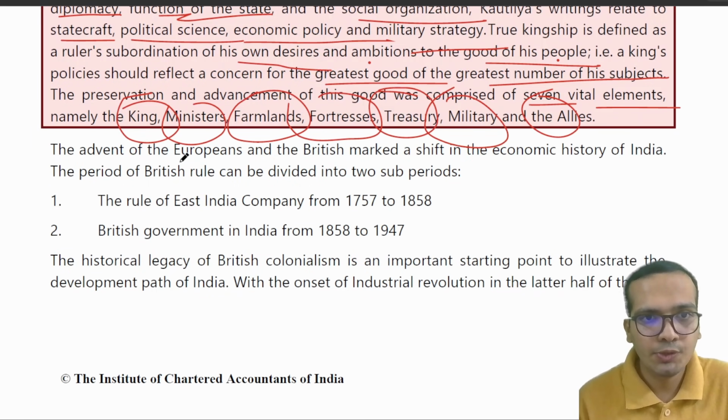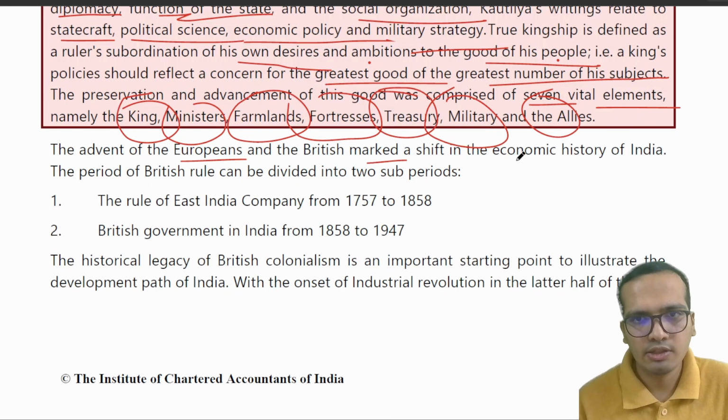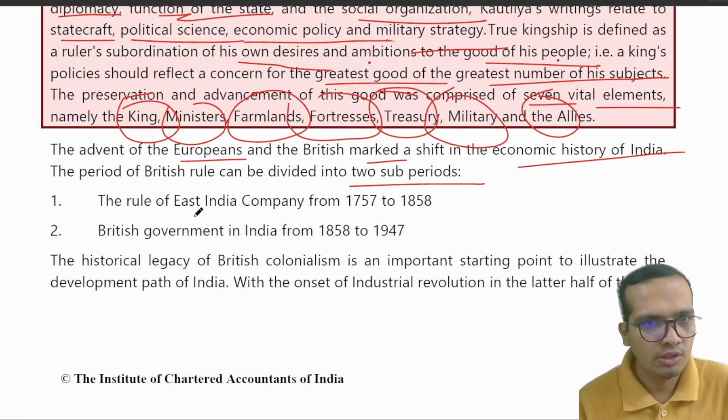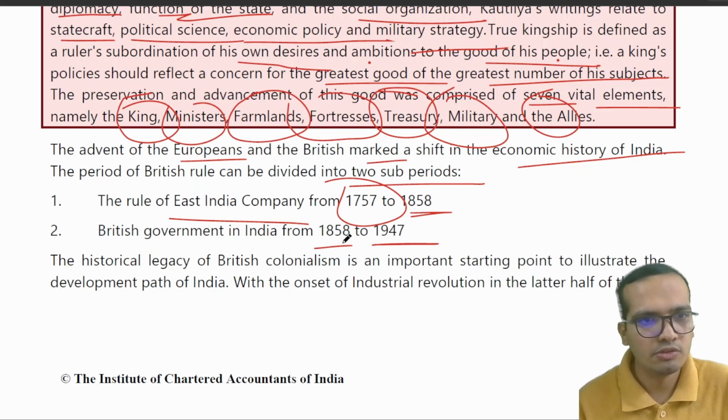The advent of the Europeans and the British marked a shift in the economic history of India. The period of British rule can be divided into two sub-periods: first, the rule of the East India Company from 1757 to 1858, and second, the British government in India from 1858 to 1947. The historic legacy of British colonialism is an important starting point to illustrate the development path of India.